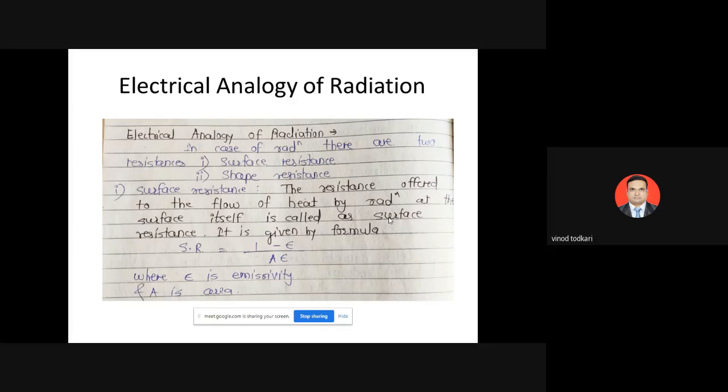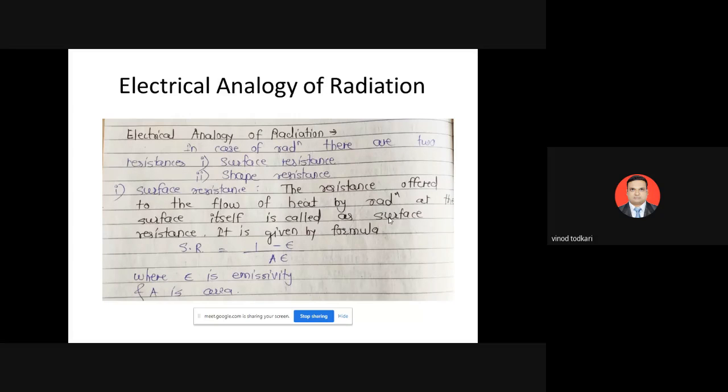Now, in case of thermal circuits involving radiation, there are two resistances. Which are those? One is surface resistance and one is shape resistance. Now we'll discuss what is surface resistance, why it is called surface resistance, and why shape resistance is called shape resistance. Because surface resistance is offered because of the surface, right?